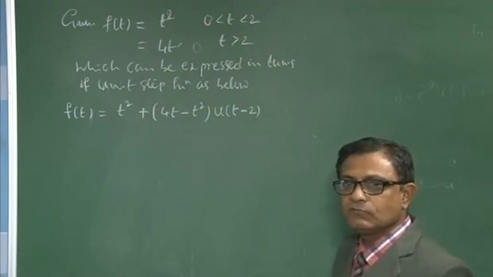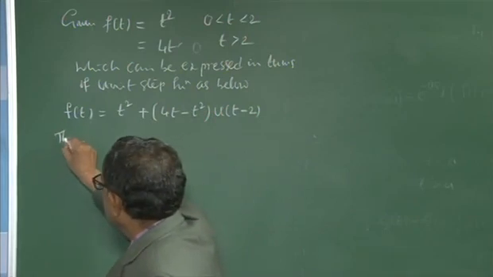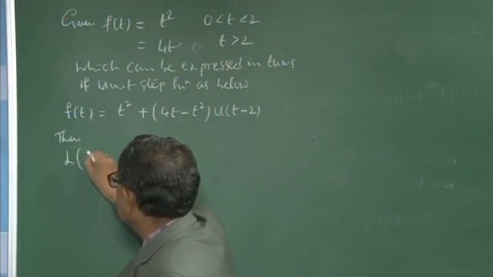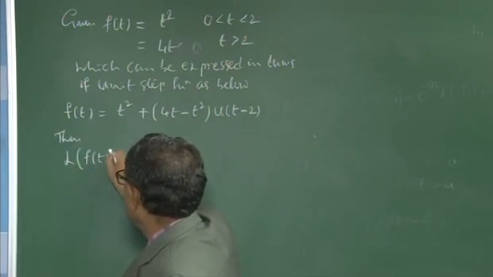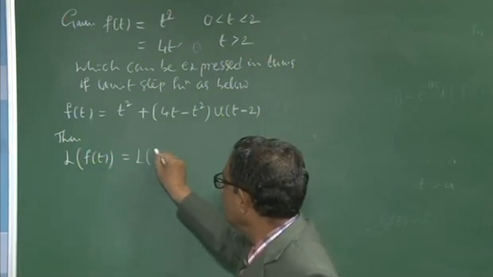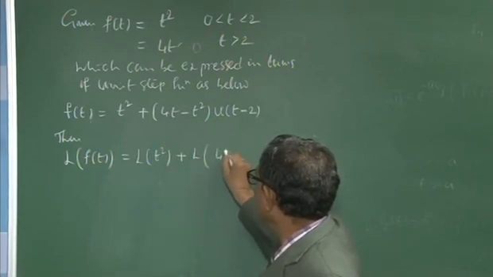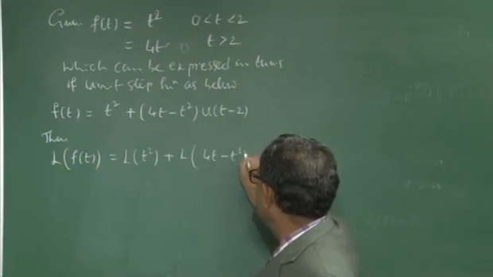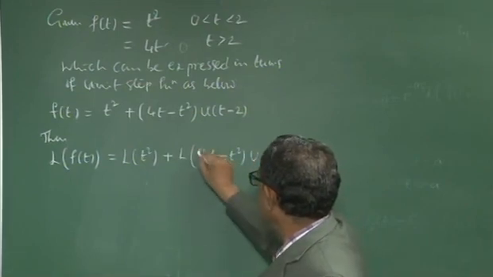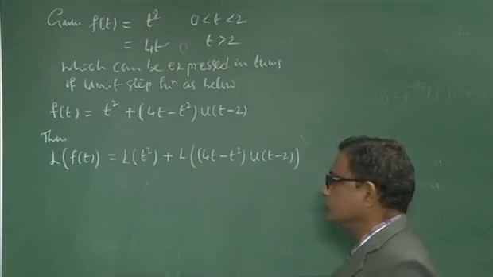Now this is your first part. Then second part, you have to find the Laplace transform, that is L of f of t. You have to find L of t square plus L of 4t minus t square into u of t minus 2.